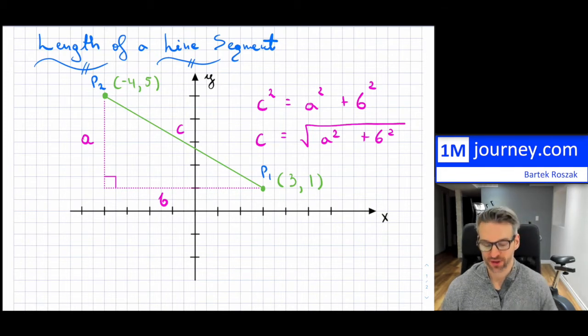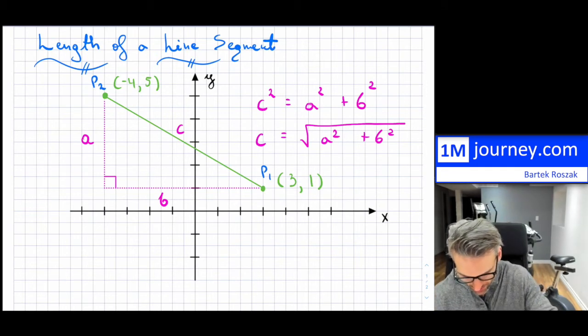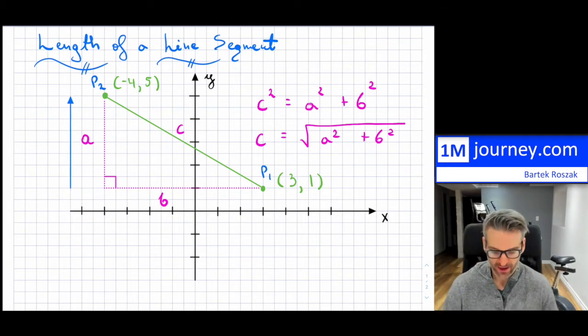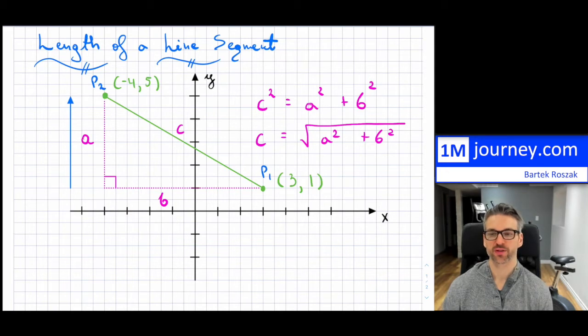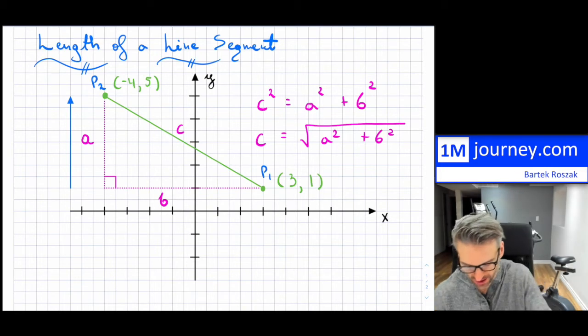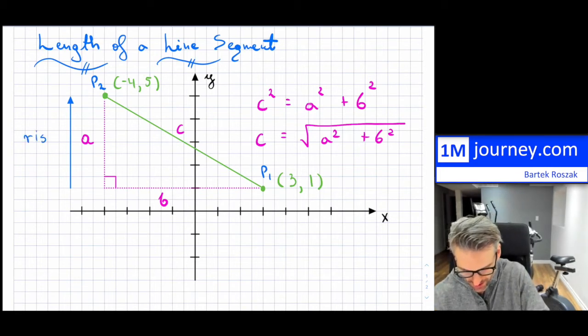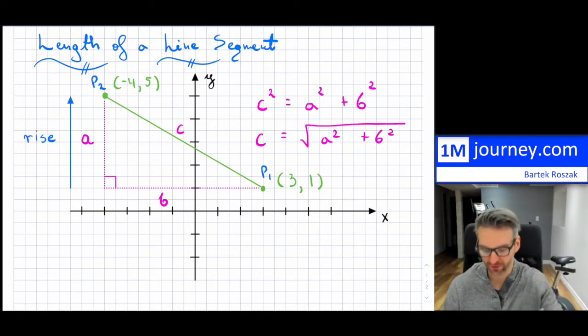So if I, for instance, take A, from this point to this point, going in this direction, how long is this A? Well, I know exactly how long it is. Notice that this is just going along the y axis. So this is nothing else but how far this rises, or how far it falls if you're going in the opposite direction.